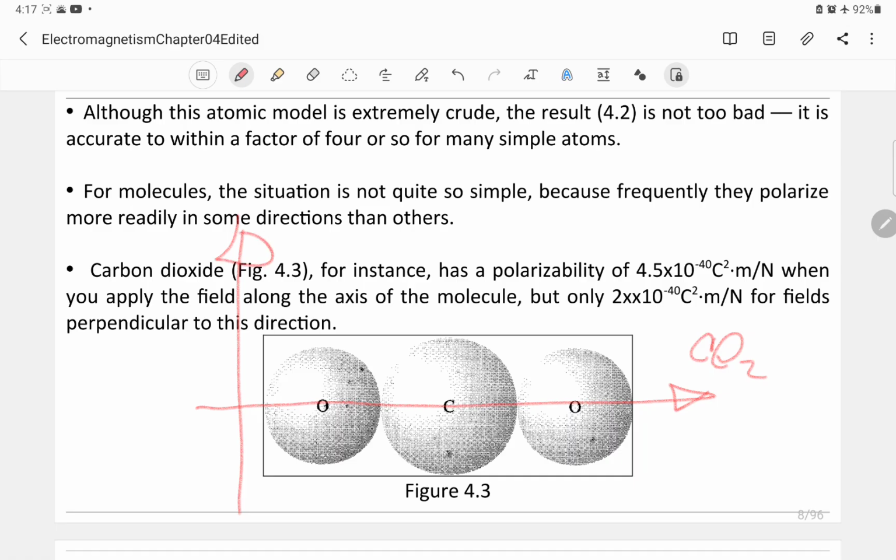So in this case, there are two components of the polarizability.